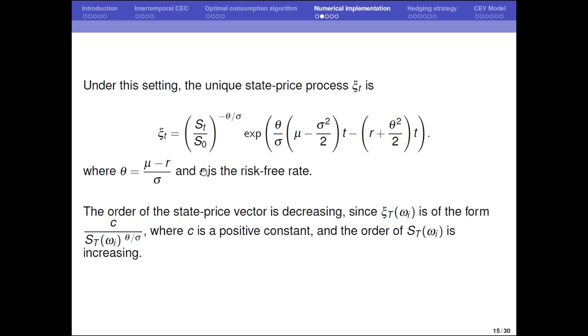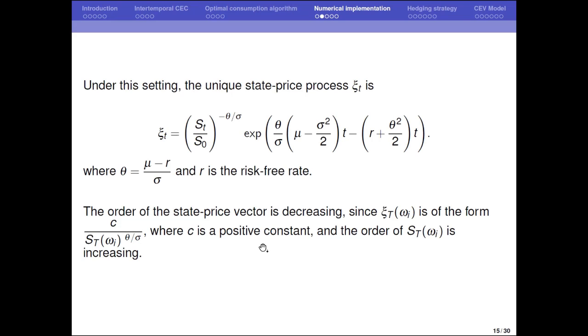And well, the important thing about this expression, looking at the first factor, is that the state price process is decreasing with respect to the stock. So I can see the shape of the psi, and what matters is that at time capital T, it is of the form constant over S at capital T, where the constant is positive.